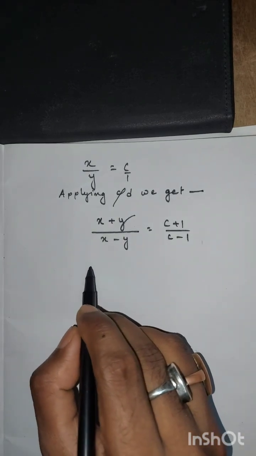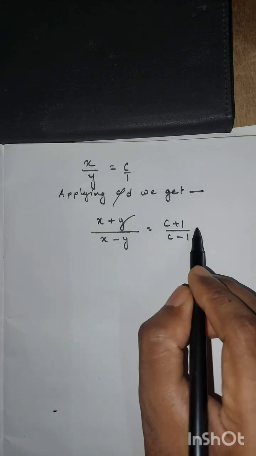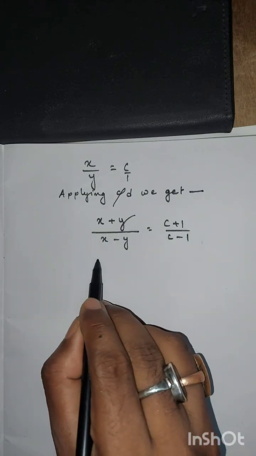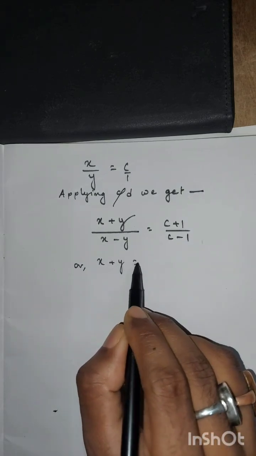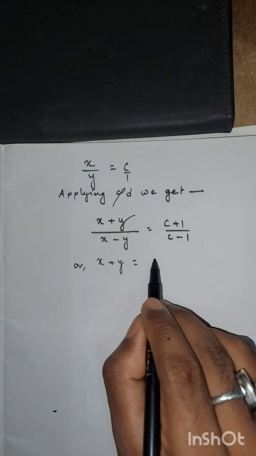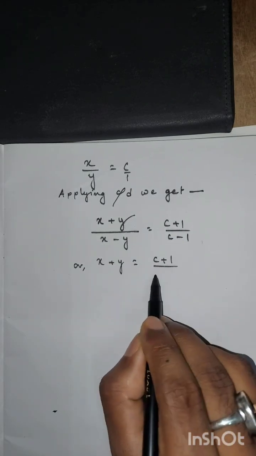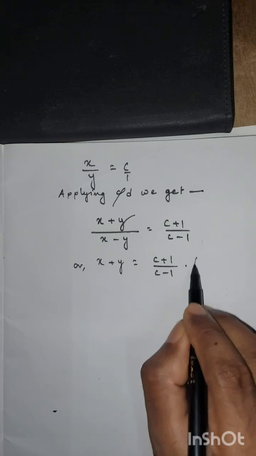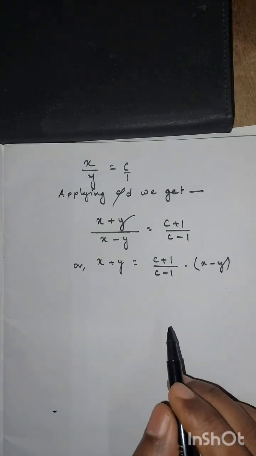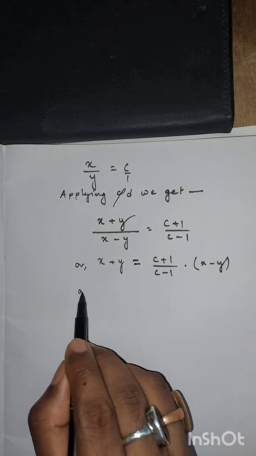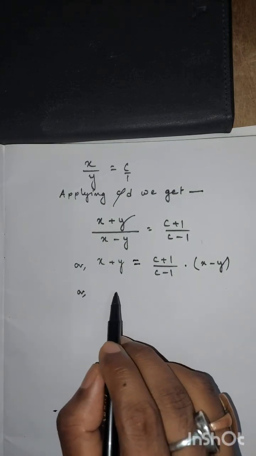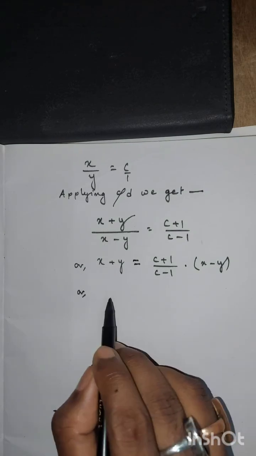So this becomes, if we take x minus y to this side, x plus y equal to c plus 1 by c minus 1 into x minus y. So as we see that this is a constant, we can eliminate these things with a varies as sign.